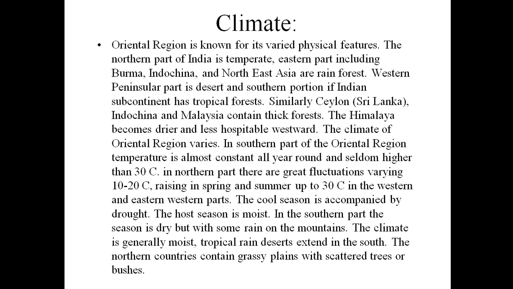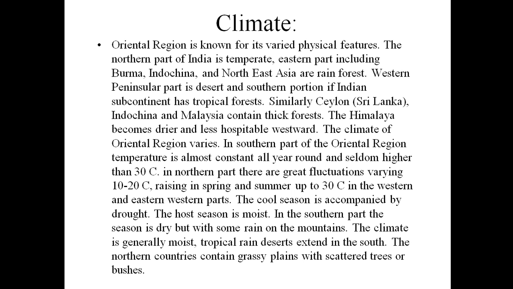But another interesting thing is that the cool season is accompanied by drought. The hot season is moist. In the southern part, the dry season may get rains on the mountains.